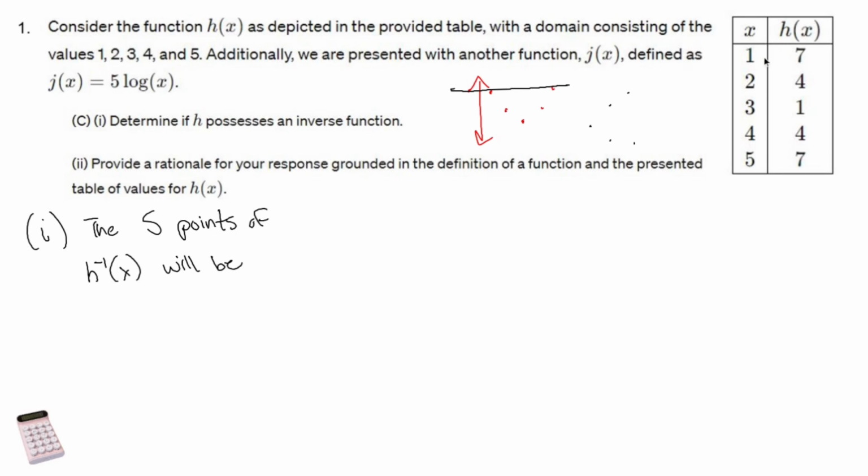In order to find the inverse, you literally swap the x's and your y's. So our 5 coordinates will be (7, 1), (4, 2), (1, 3), (4, 4), and (7, 5). Maybe I should say coordinates instead of points, but there's nothing wrong with saying points. It just sounds more professional, I guess.